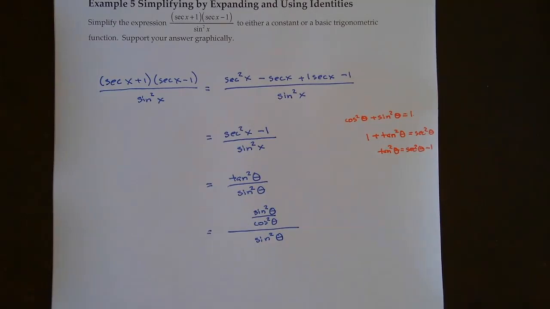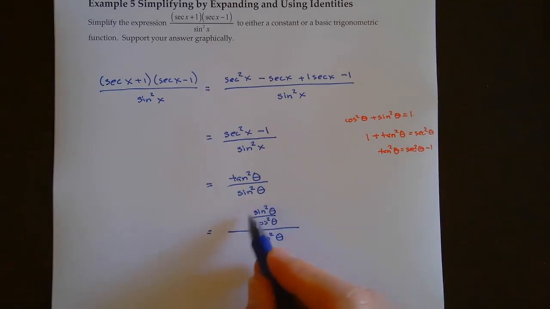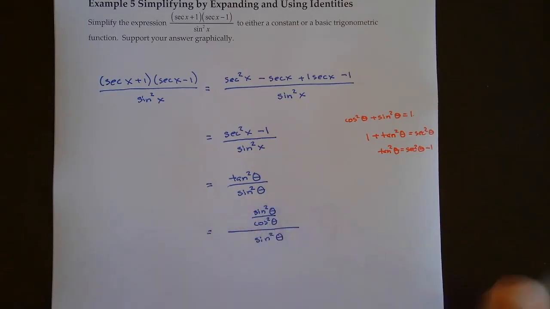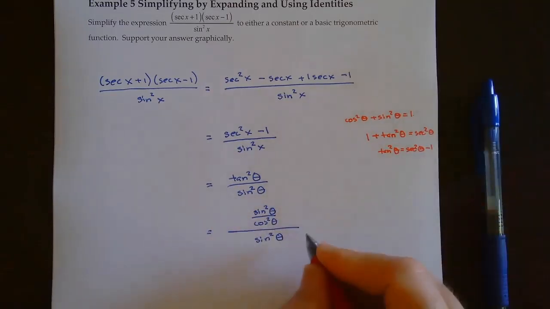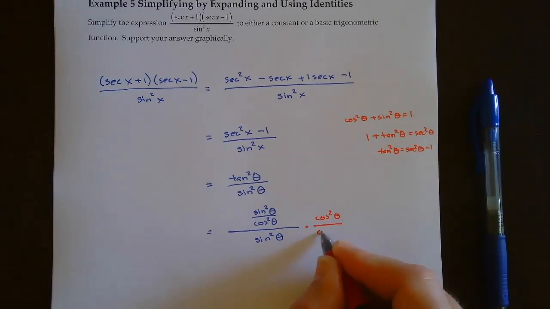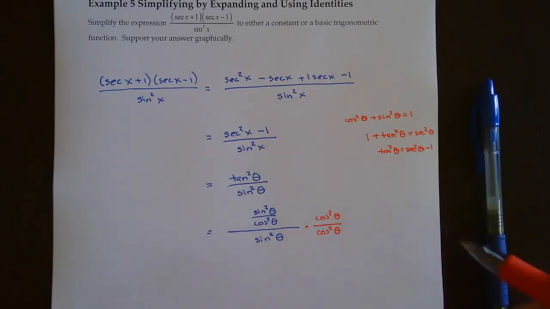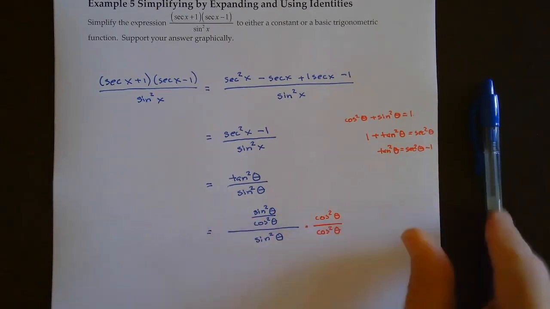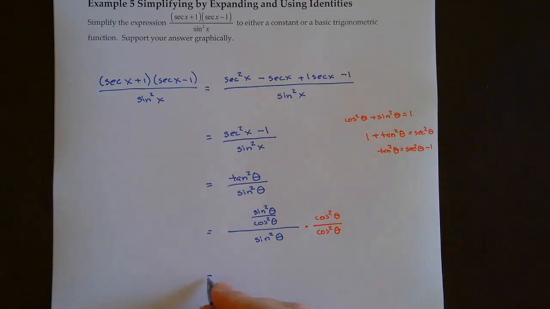But now I have a complex fraction, right? Because I have in the numerator a denominator of cosine squared theta. Well, what I'm going to do is multiply by cosine squared theta over cosine squared theta. What is cosine squared theta over cosine squared theta? That's 1, right? But when I multiply this numerator with this numerator, I'm going to get sine squared theta.